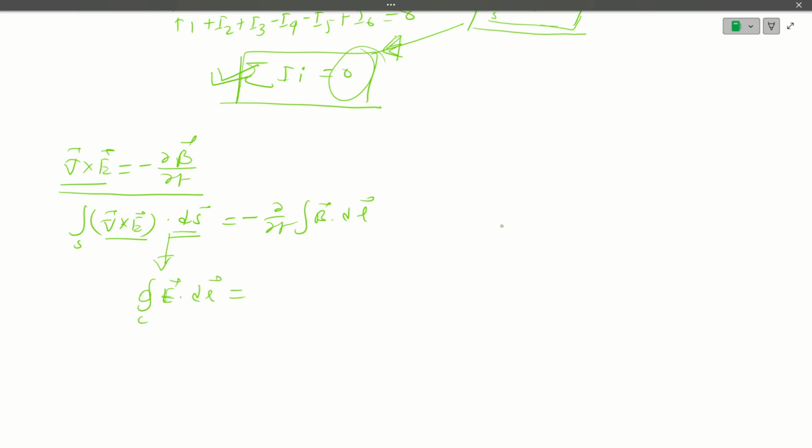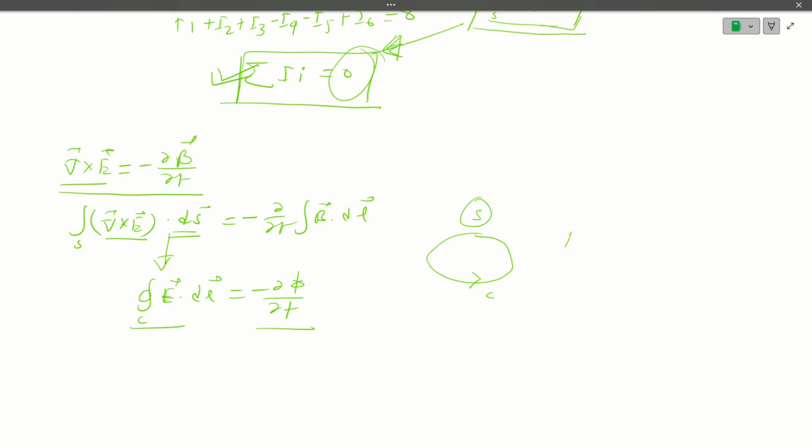And the integral of B dot dS is nothing but the total flux phi, so it will be minus del phi by del t. Now we consider a surface S which is enclosed by a curve C, that is the closed line integral of E dot dl.